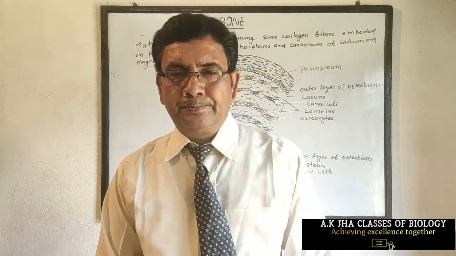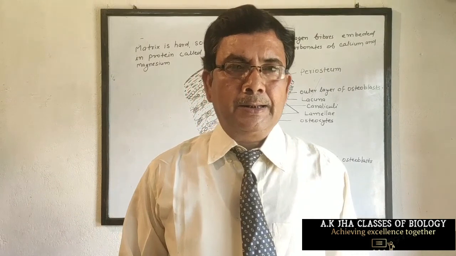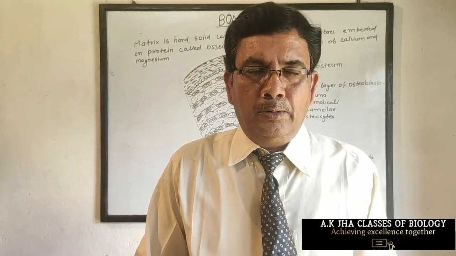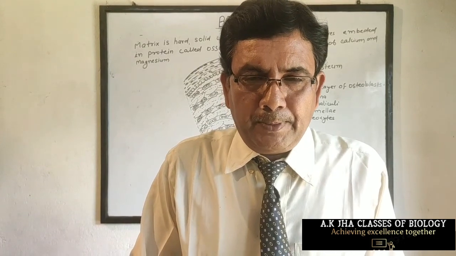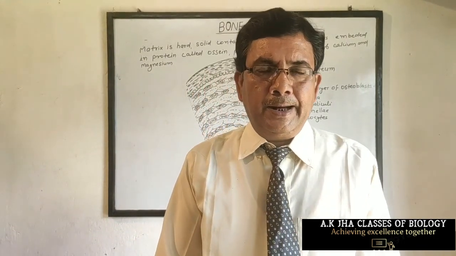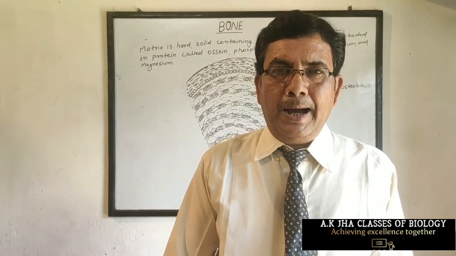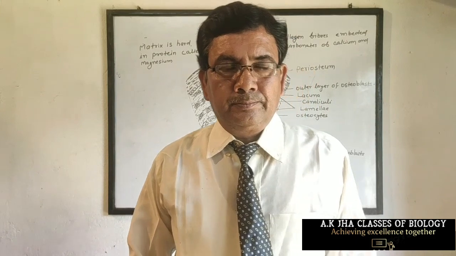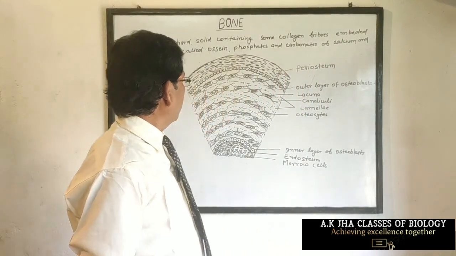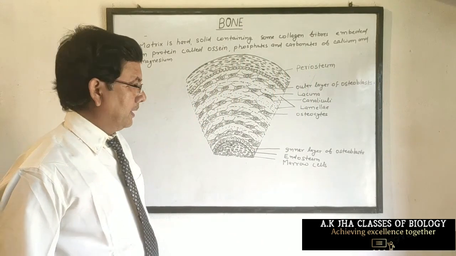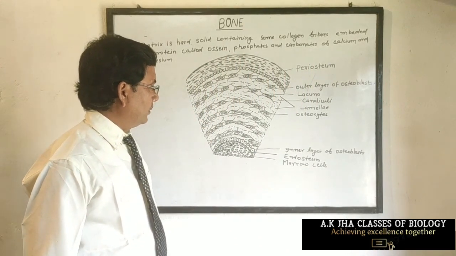Only some flexible parts, like the ear pinna, tip of the nose, intervertebral discs, trachea, and some other parts contain cartilage, and the remaining parts of the skeleton are made up of bones.